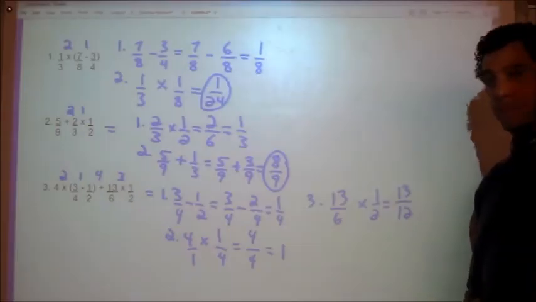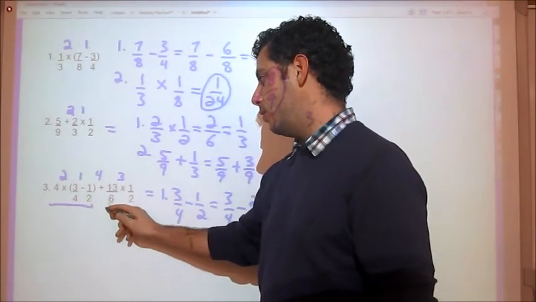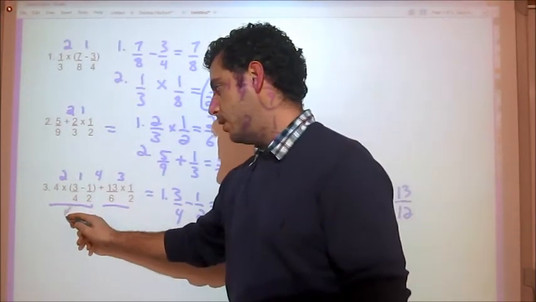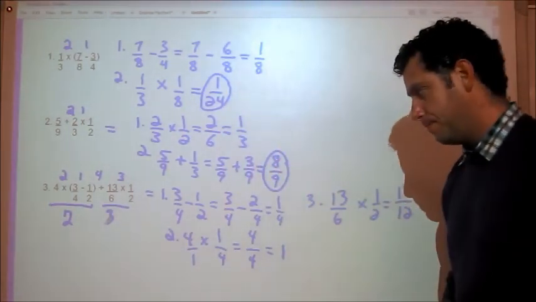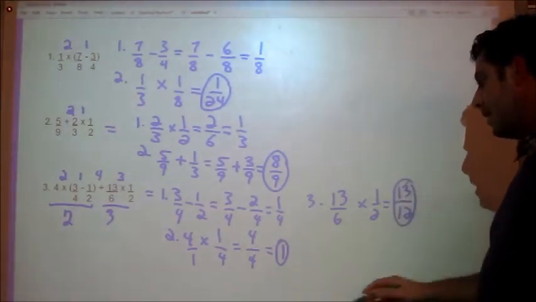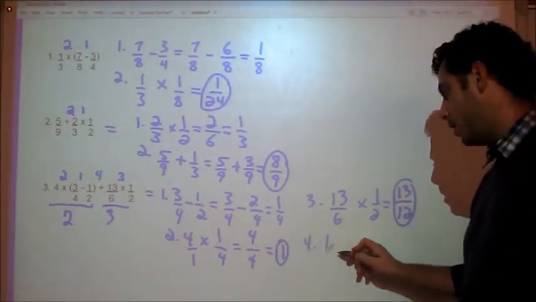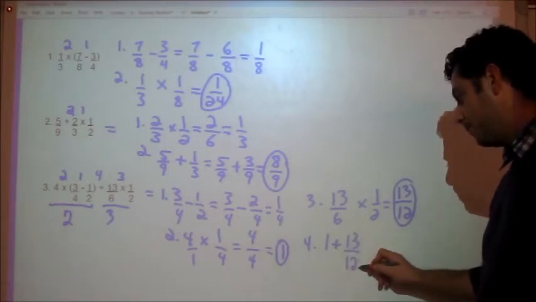And finally, step 4. Step 4 tells us to add the value we got in step 2 and the value from step 3. We'll add them together: 1 plus 13 over 12.